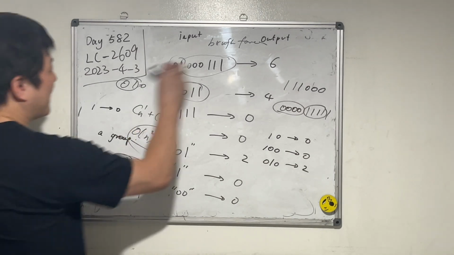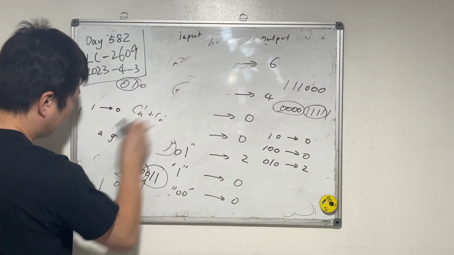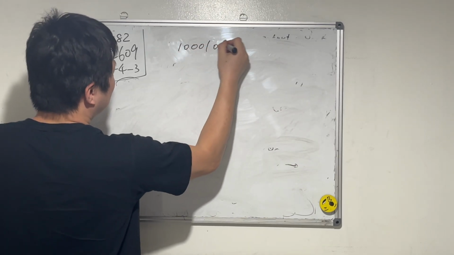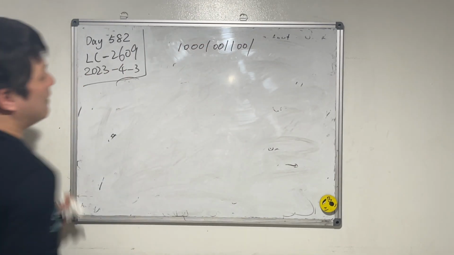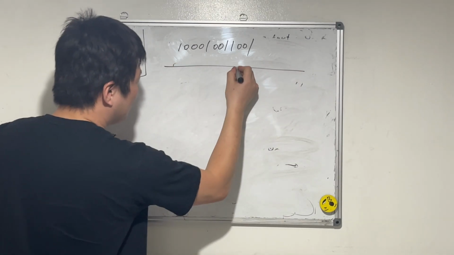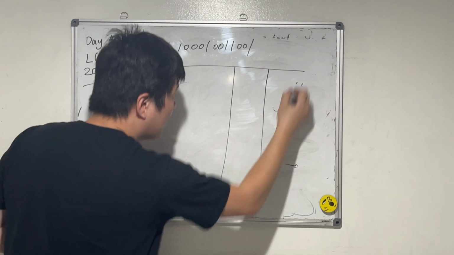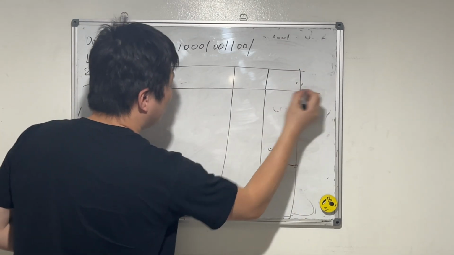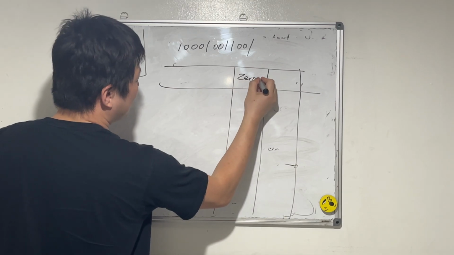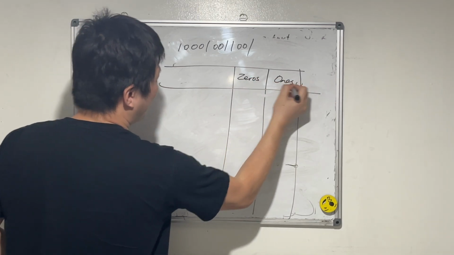Okay, so let's look at this example. There are 5 ones and 5 zeros: 1 0 0 0 1 0 0 1 1 0 0 1. Now this is the number of zeros, and this is the number of ones so far, okay?